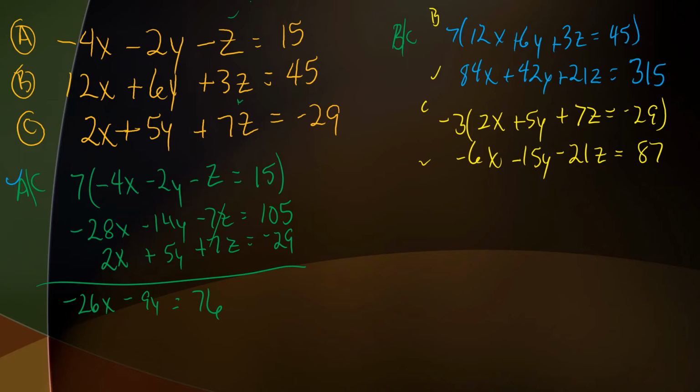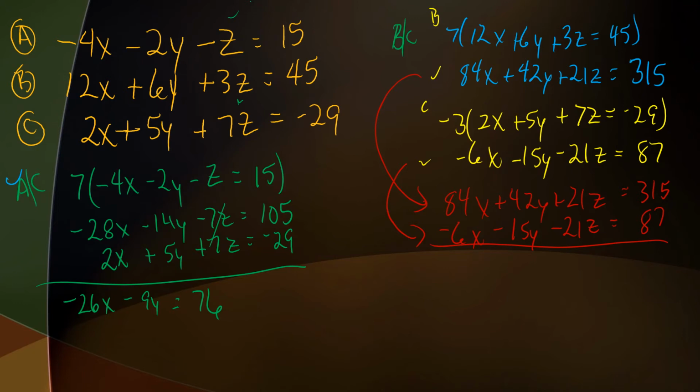All right, so I got 84x plus 42y plus 21z. Remember, I'm getting that from right there, equals 315. And I'm moving this here, so I got negative 6x minus 15y minus 21z equals 87.